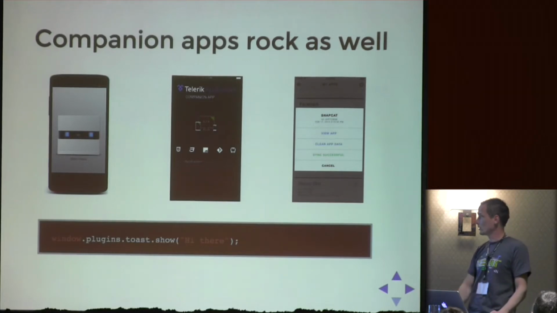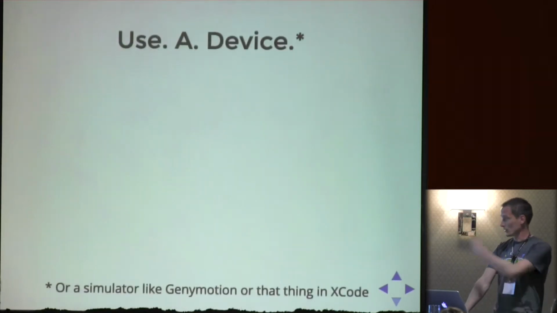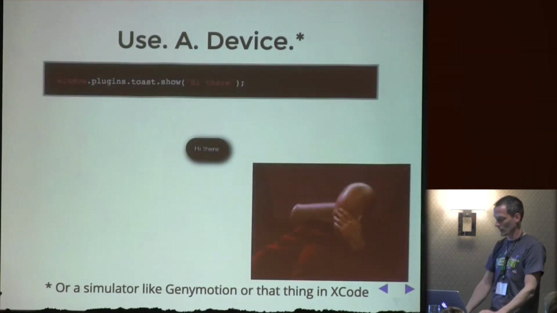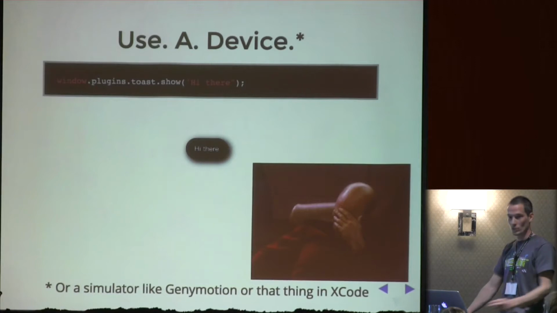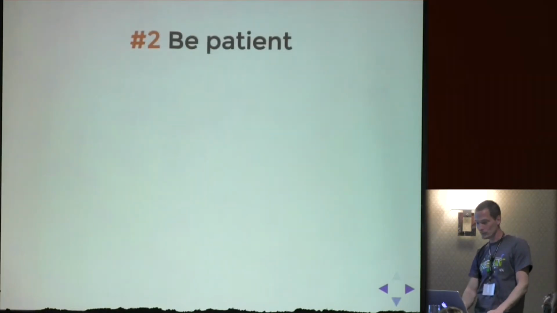And on the right there's an Ionic version of this companion app as well. But Toast isn't bundled in either, so use a device if you want to test plugins in the end, or a nice simulator like Genymotion, or that simulator or emulator thing Jan explained in the previous session in Xcode. And then you'll see the Toast, it's right there in the middle.